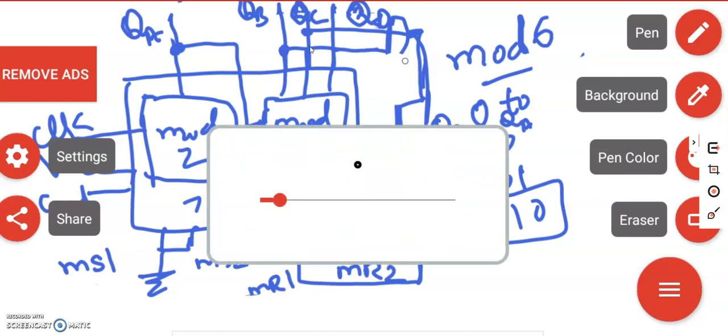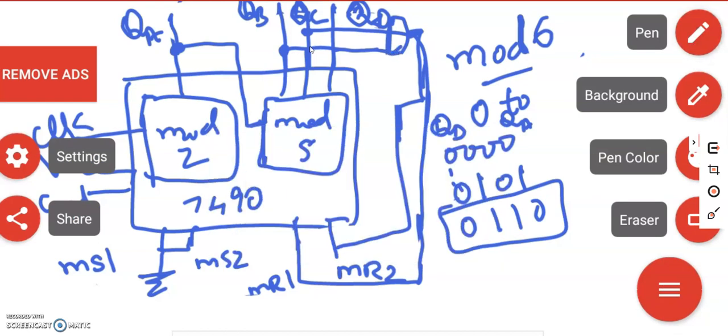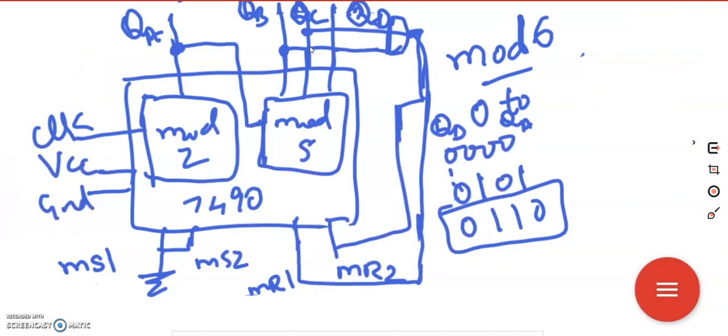I hope you understood this. Whenever it is not resetting to 0, only in that case, QB and QC are connected to an AND gate. When both of these are high, the output of the AND gate is high, and this output will be connected to both the reset pins of mod 2 and mod 5. So what if it is mod 5?